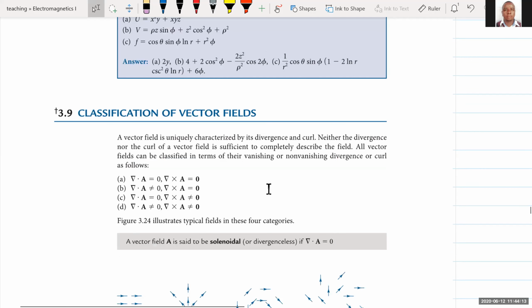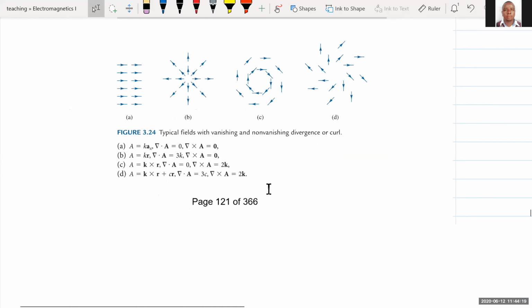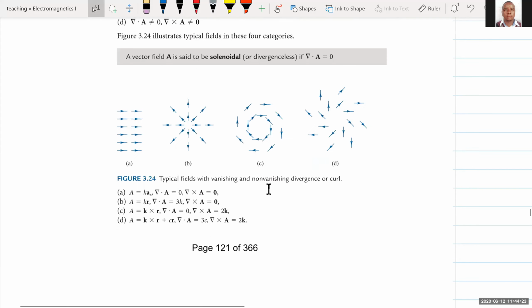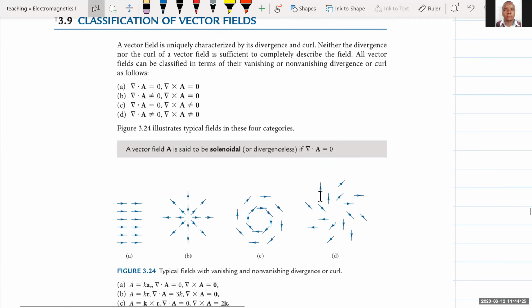The last concept I want us to talk about is the classification of vector fields. It's more or less what I was saying, that if you know the direction and magnitude of a vector, then you can, from the onset, know if its divergence will be zero or non-zero.